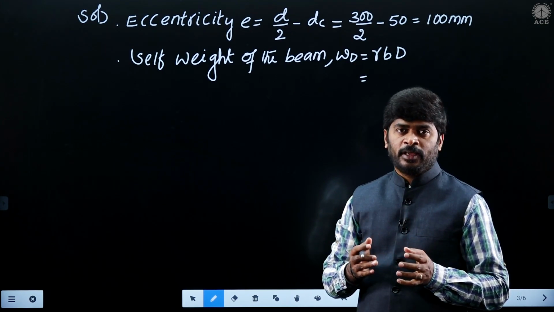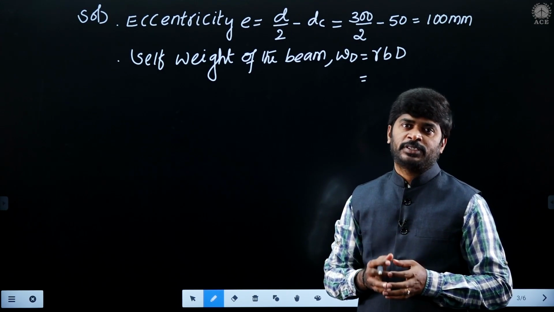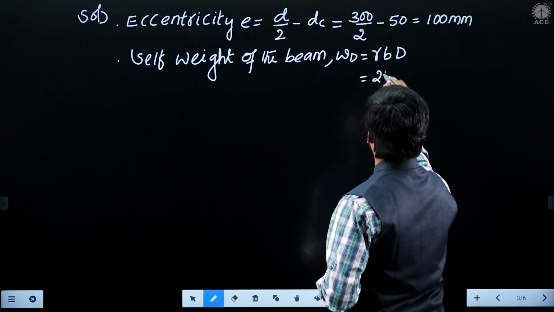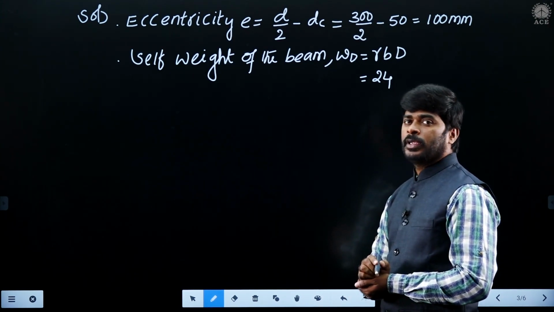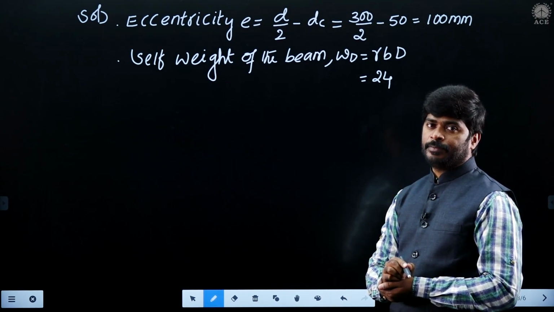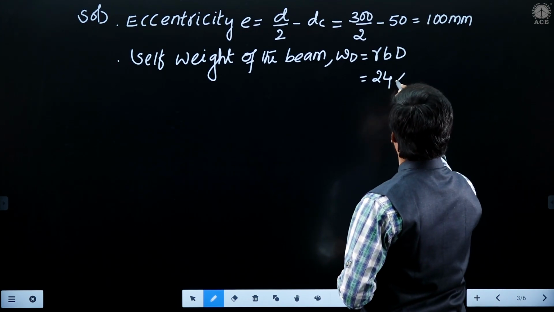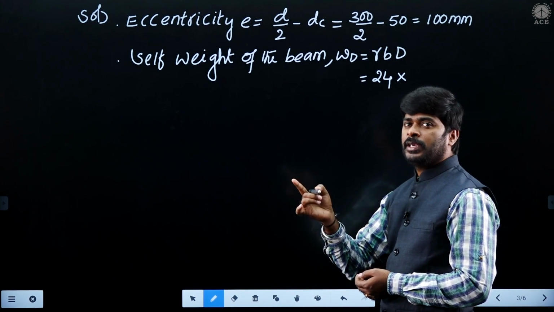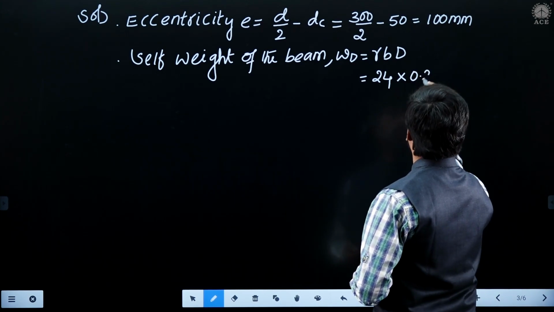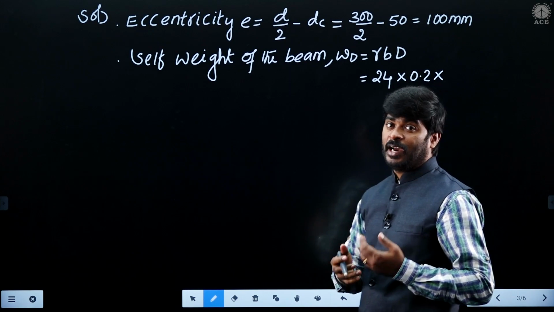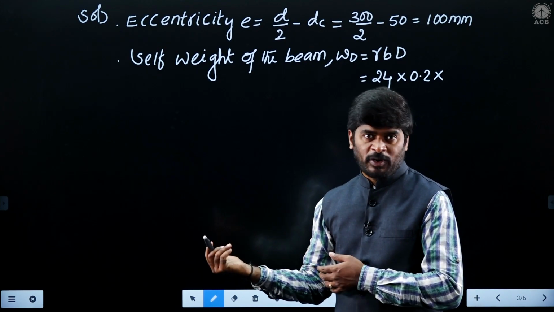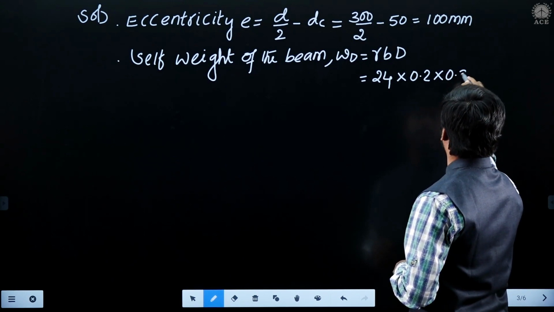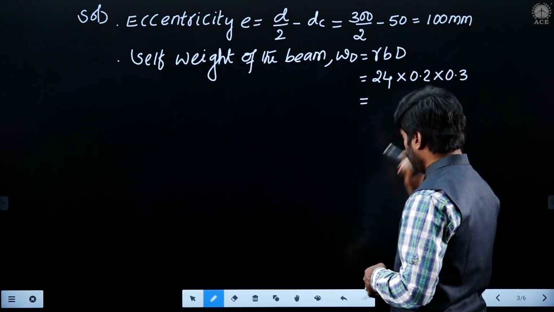If it is not given, in the absence of data, we can take the gamma value for pre-stressed concrete as 24 kilonewton per cubic meter, into the width of the beam, 200 mm, let us write in meters, 0.2, and the depth of the beam, here capital D which equals small d in the given question, 300 mm, in meters. Then simplify and tell me this value.